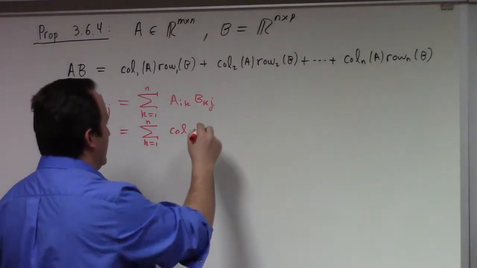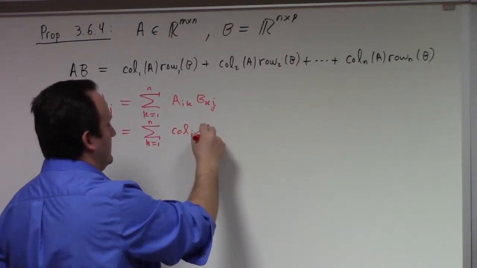Let's see, that would be what? I do think that's the ith column of A, right? Yes.